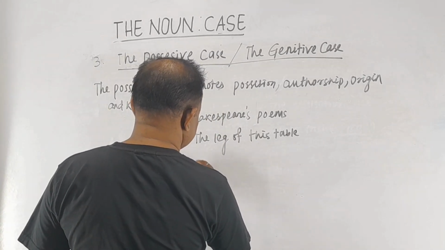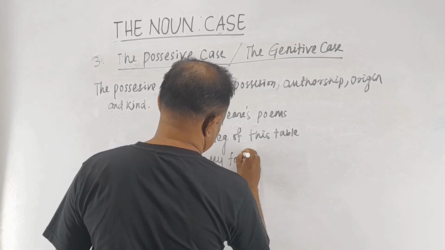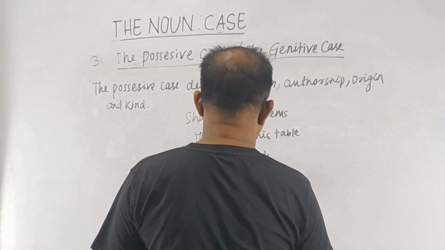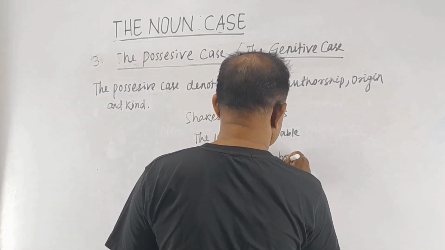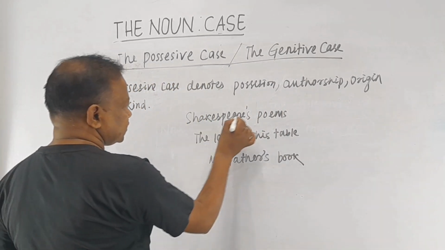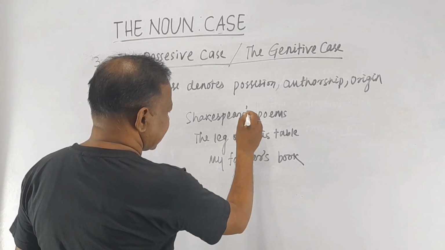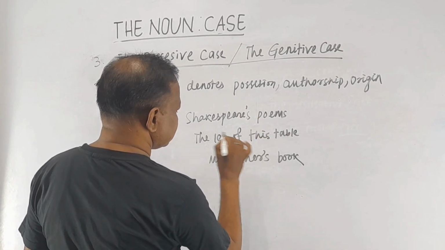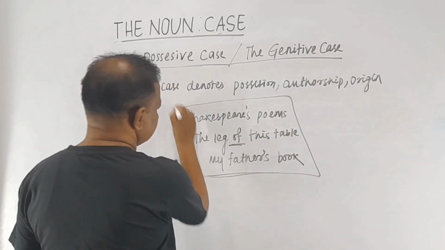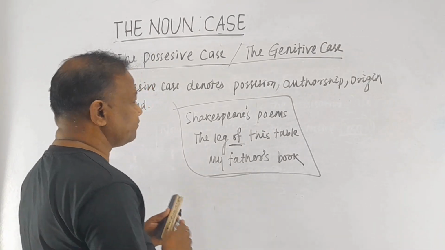For example, my father's book. Okay, you mark here we use apostrophe and s, but here we use of. Here apostrophe s. All these denote or reveal the possessive cases.